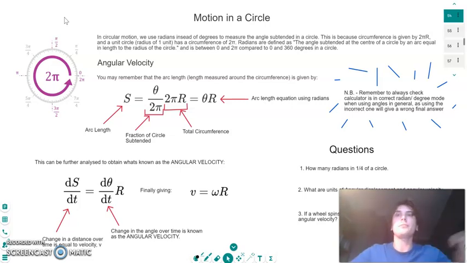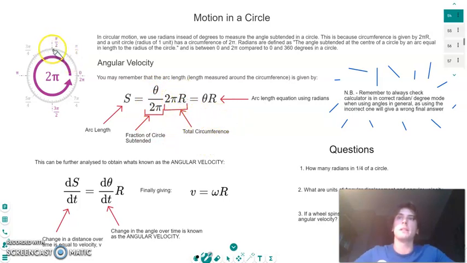So first of all, we have our arc length here, and you can basically think of that as the fraction of the circle subtended multiplied by the total circumference.